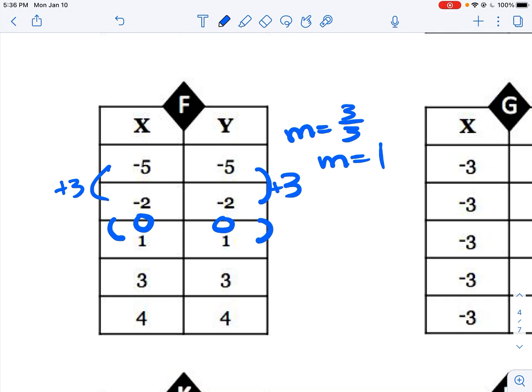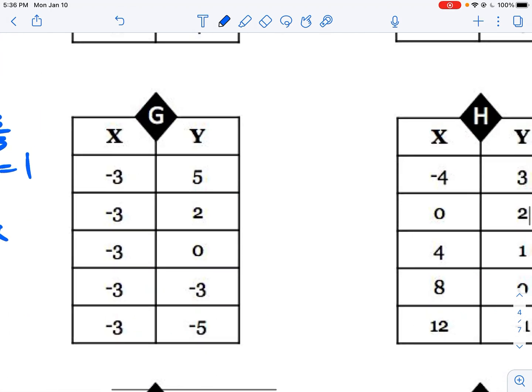From here to here it went up by 1. I did not mean to put that right there. So if I have 1 and I go back, that would be at 0. So my y-intercept is 0, 0.